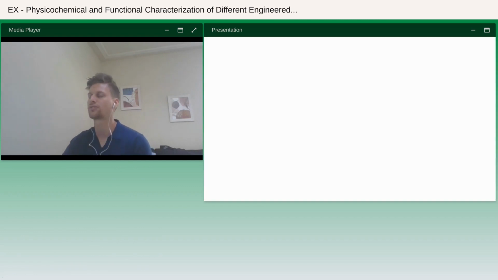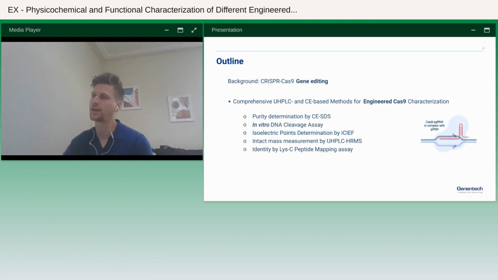So for the outline of this presentation, I will start with a background on CRISPR Cas9 gene editing, so how it works. Then the first part will be about all the different UHPLC and CE-based methods that we can use to do a full characterization of Cas9 protein.